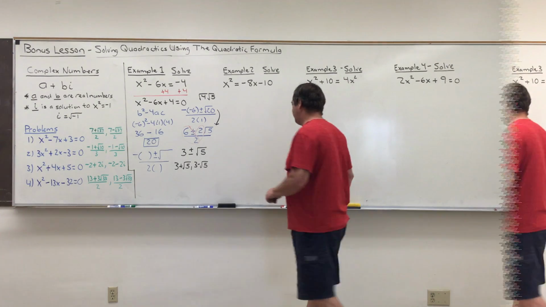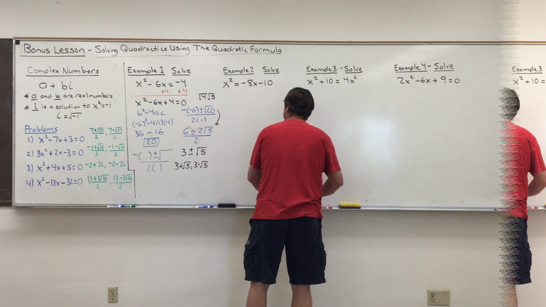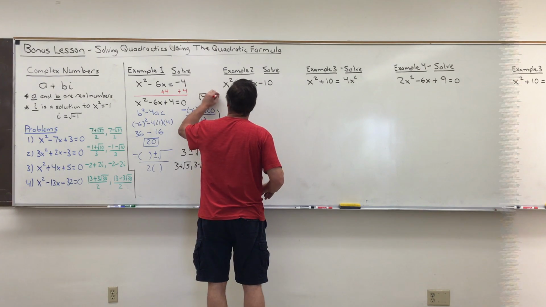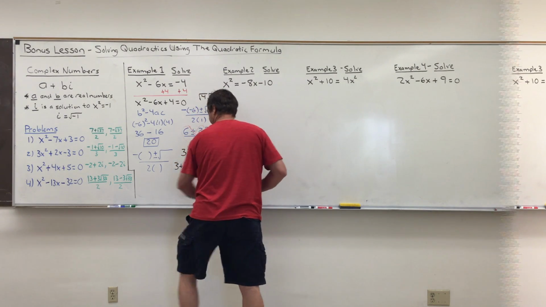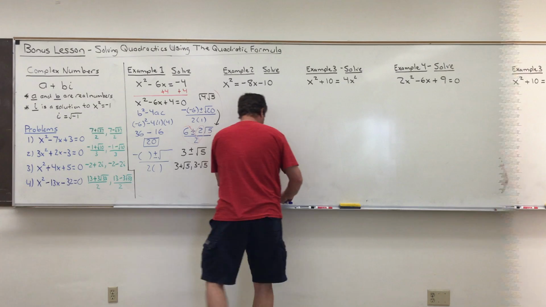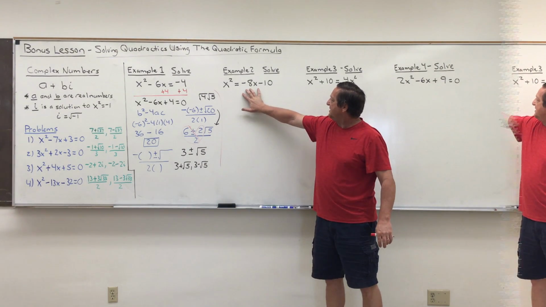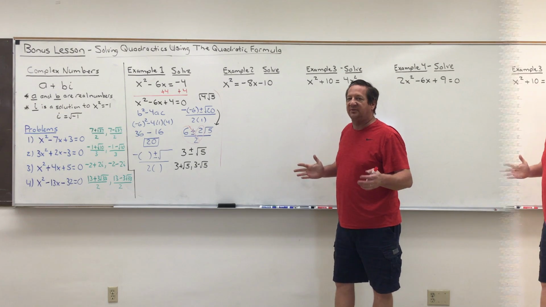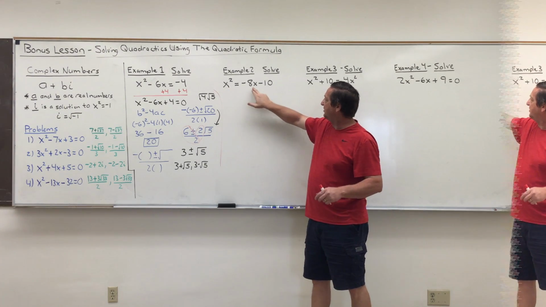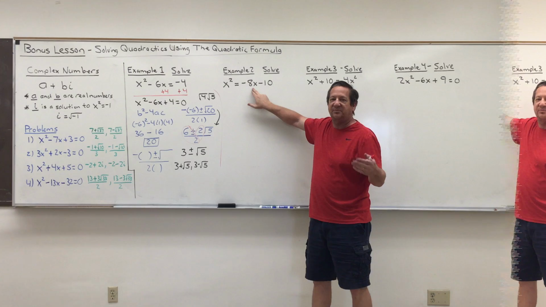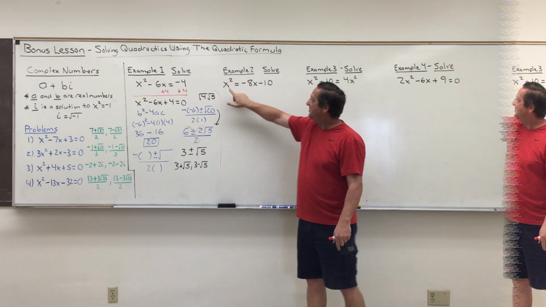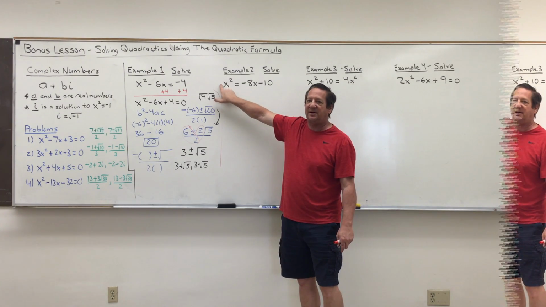All right, here's example 2. Okay, so we look at this and say, well, we have to have it set equal to 0. So you might say, oh, do you want me just to move the x squared over to here? You could subtract x squared from both sides, but I really, really like it when x squared is positive.